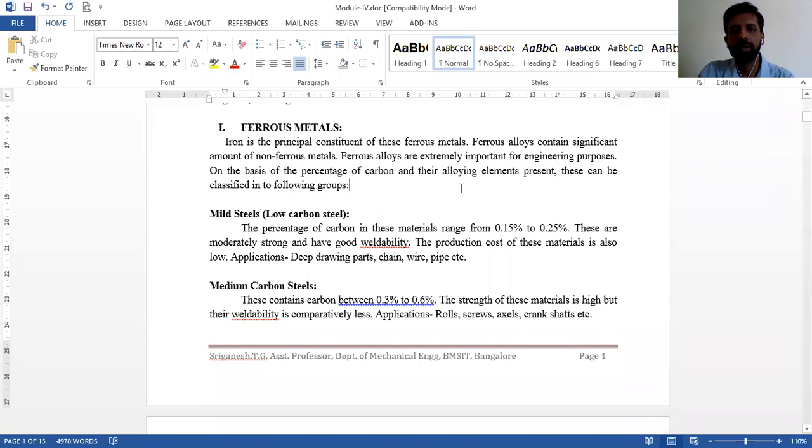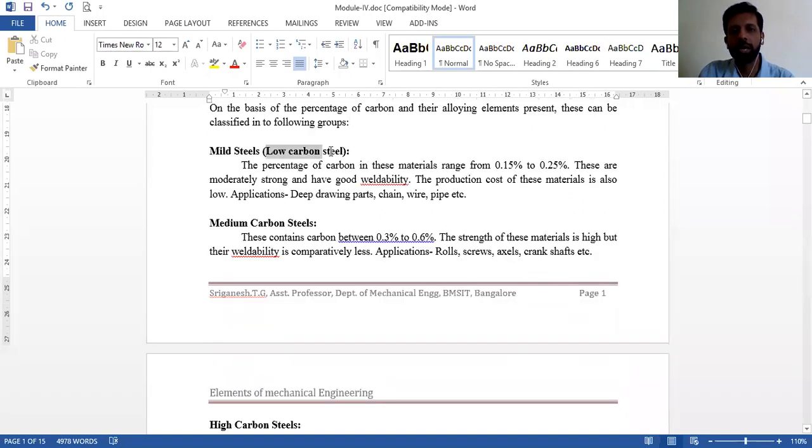One of them is called low carbon steel, or mild steel. Iron has the capacity to absorb carbon present in the atmosphere.